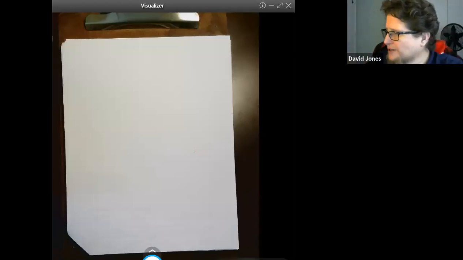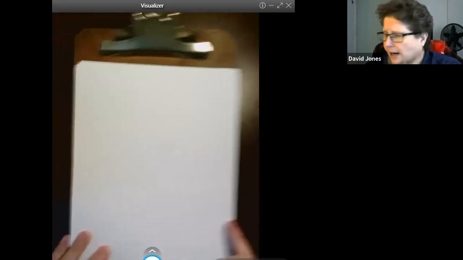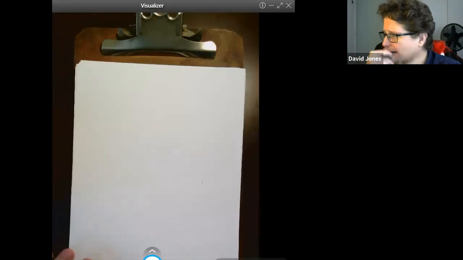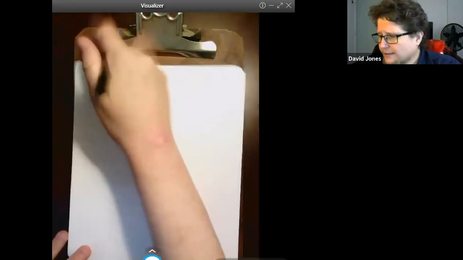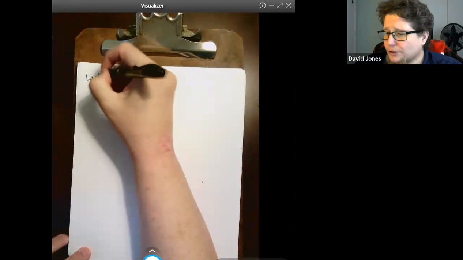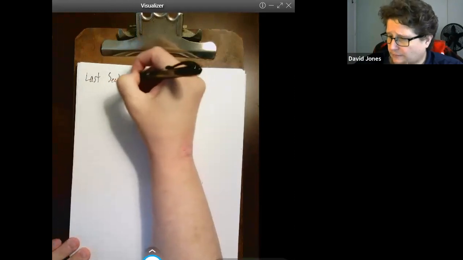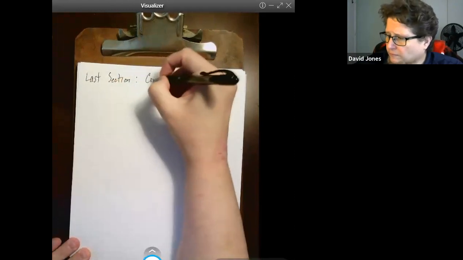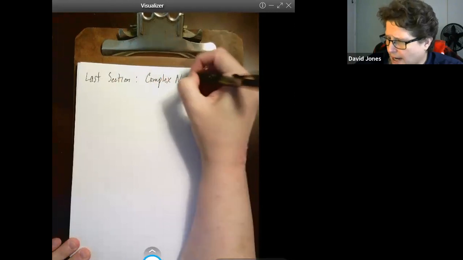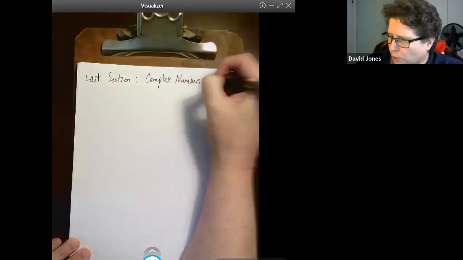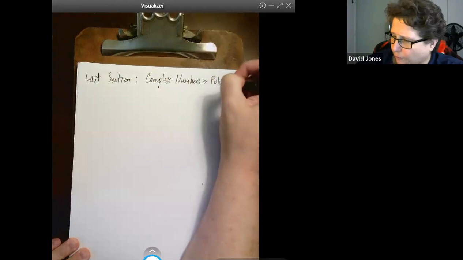Everyone, we're getting close to the end for trigonometry here at College of the Sequoias. In the last section, what we looked at was complex numbers and turning them into their polar form or their trig form.